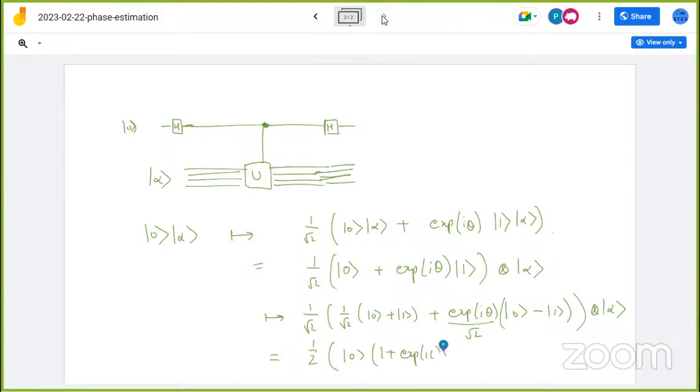What we know is that U alpha is equal to e^{i theta} alpha. Our goal is to estimate this. Plus 1, 1 minus e^{i theta}.